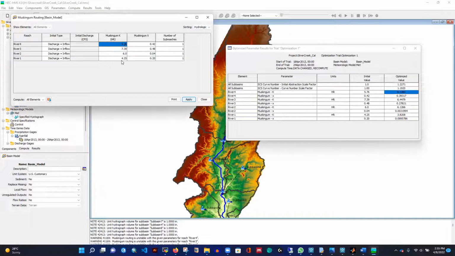Okay, it has to be 6.1282, and then the x value will be 0.39 instead of 0.42. 0.393. That's okay.